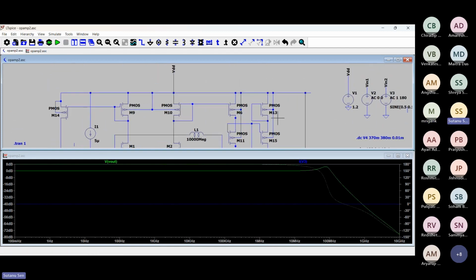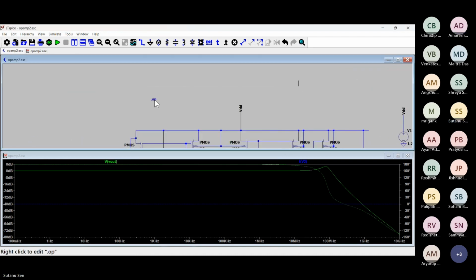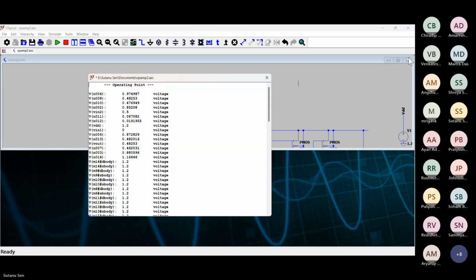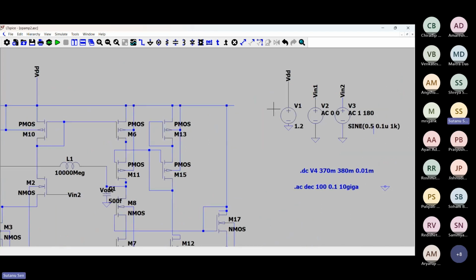What is the DC at V in 2? Yes, sir. Just a minute. I'll simulate the DC operating point. Sir, at V2, I've put the DC voltage as 0.5 volt.